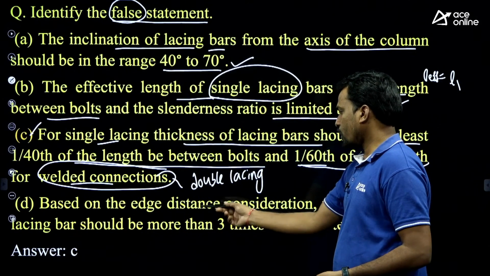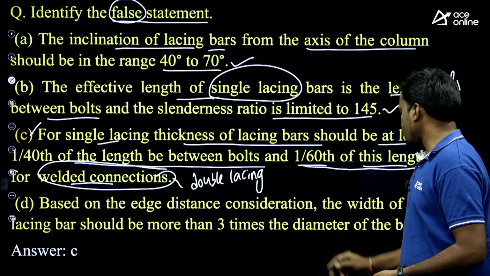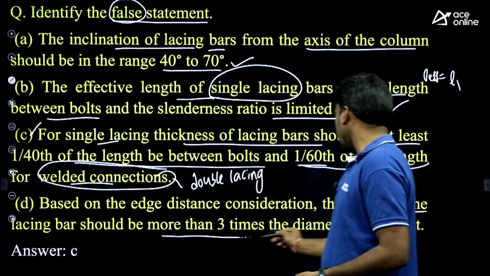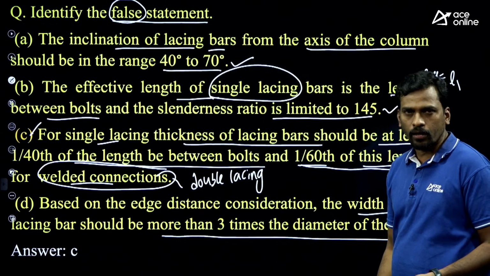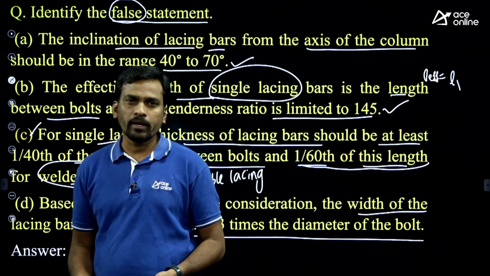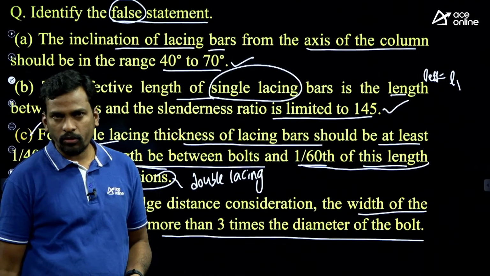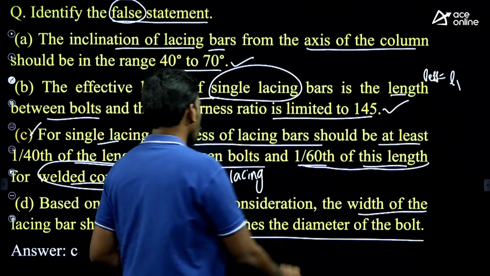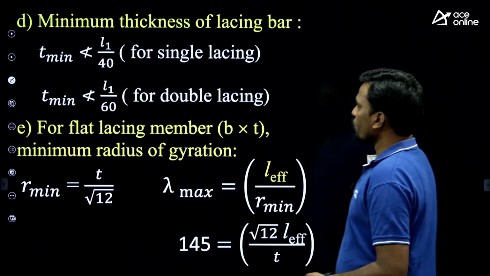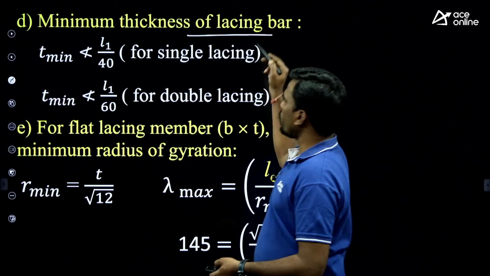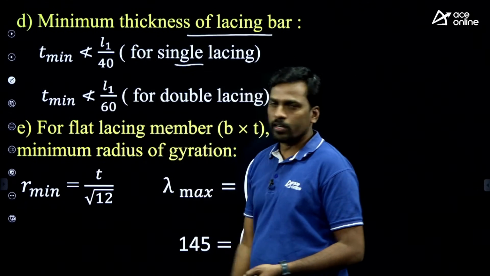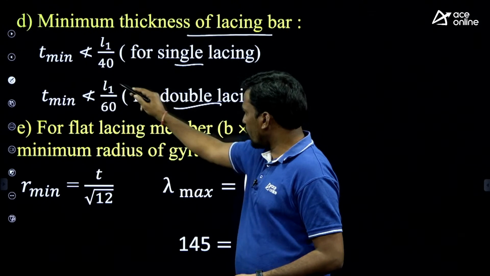And based on the edge distance, consider the width of lacing bar should be more than 3 times the diameter. I gave the width of lacing member as approximately 3 times the nominal dia of bolt, right? Yes or no? Now I'll show this too. Look at here. So minimum thickness of lacing bar: if it is for single lacing, L1/40. If it is a double lacing, L1/60.